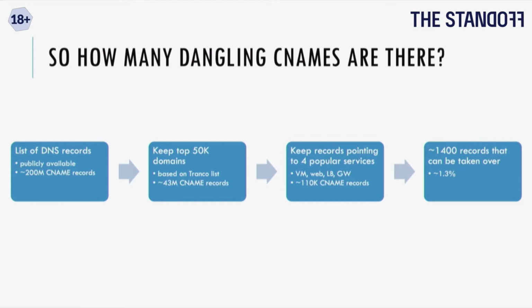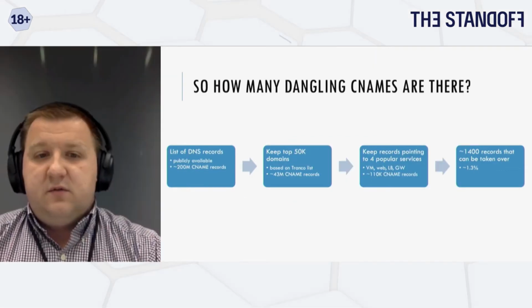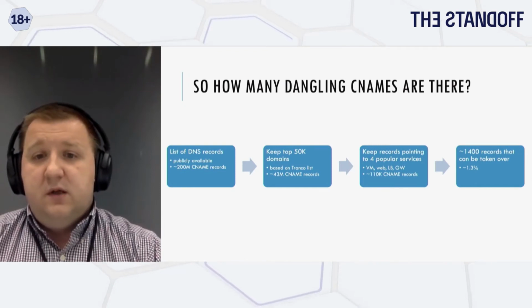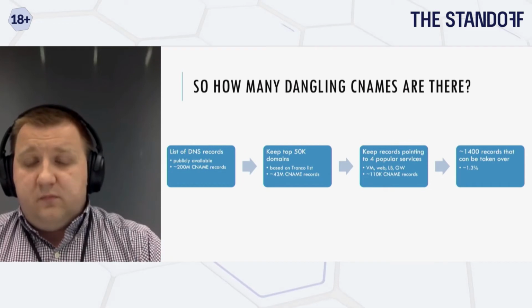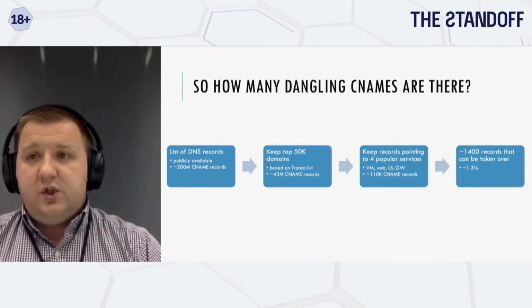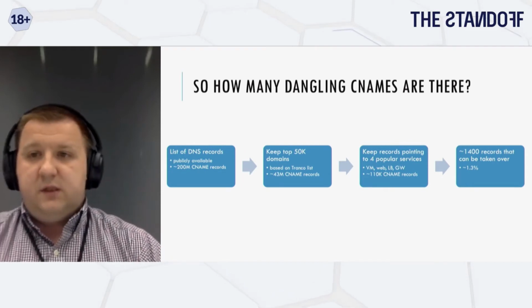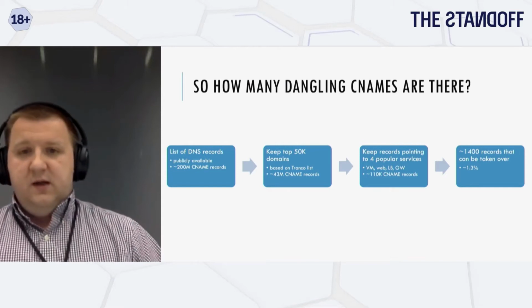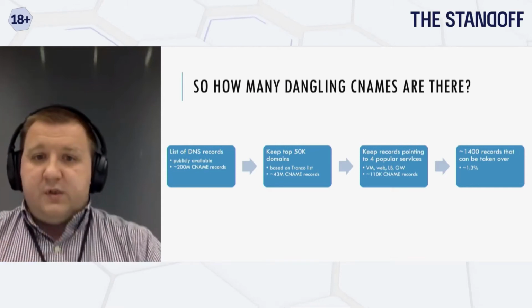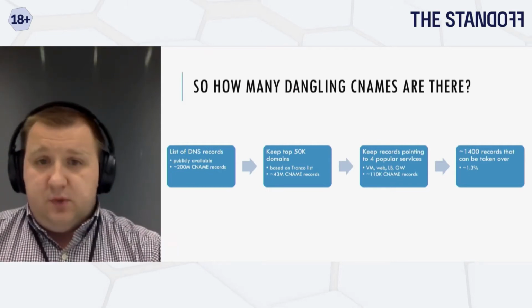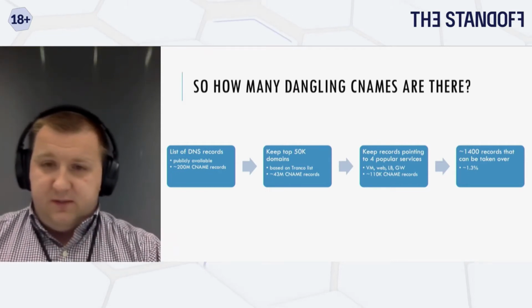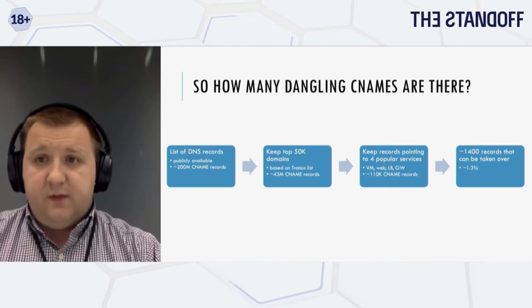Next, I filtered them even more. I decided to keep only the CNAME records that would be pointing to 4 very popular cloud services, not providers. Let me stress this difference here. One was the regular compute, a regular virtual machine.